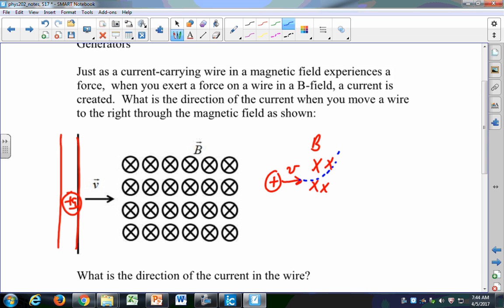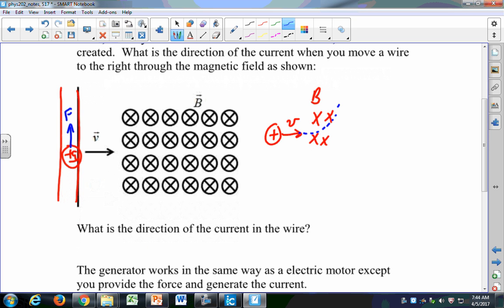And so in a similar way, when I force this through the magnetic field, it's going to feel a force upward in that direction, which is going to create a current through that wire. So in this case, the direction of the current in the wire is going to be up, assuming that we have positive charges that are flowing. As I said, I have a positive charge moving with a velocity in this direction, and so it's going to experience a force in the upward direction.